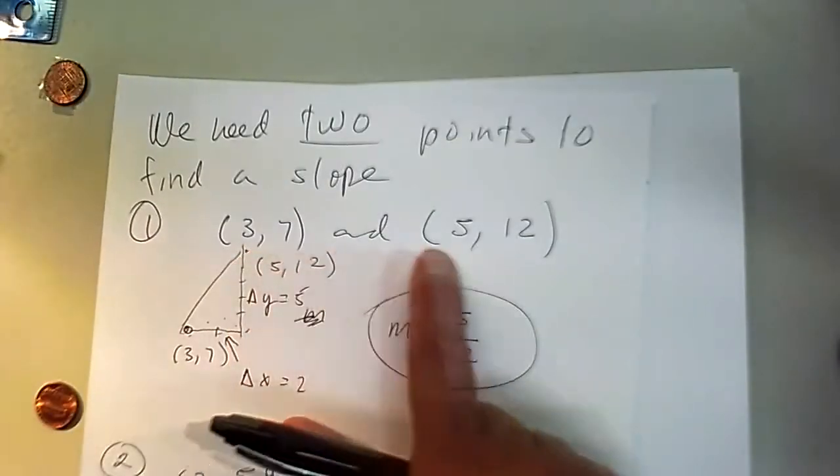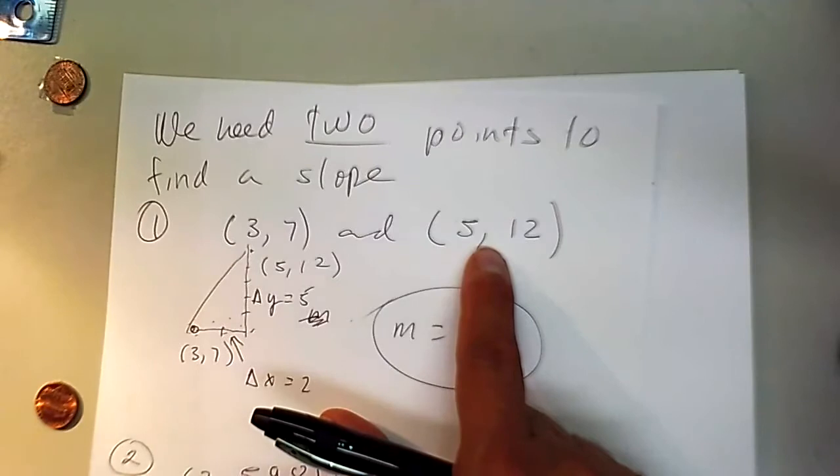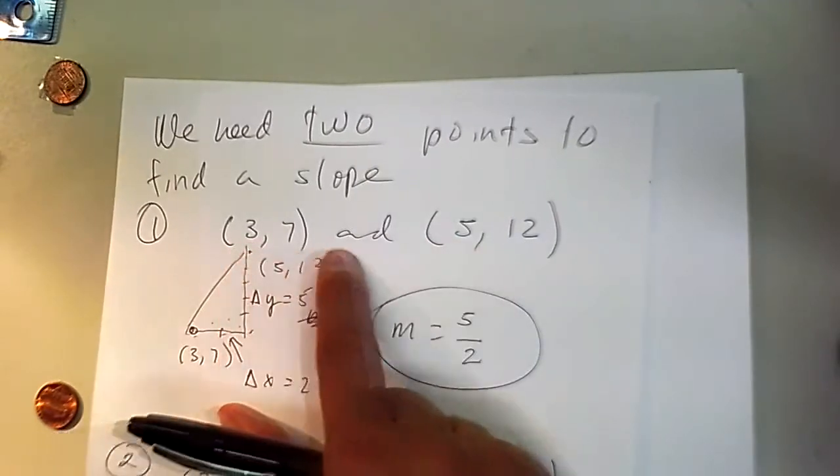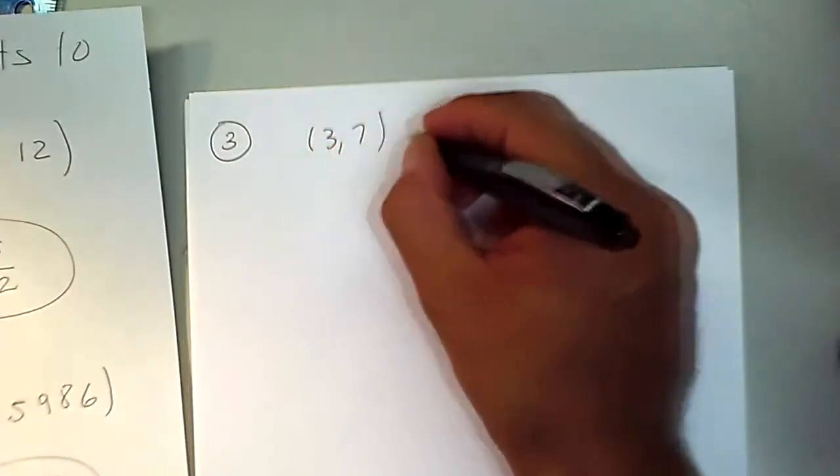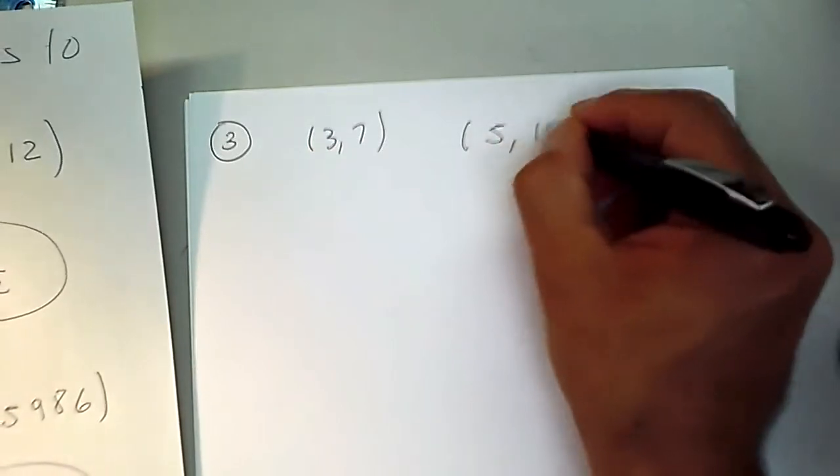Okay, I'm going to use this example to come up with the equation for the line function that joins those 2 points. So I'm going to use the same points, (3, 7) and (5, 12).